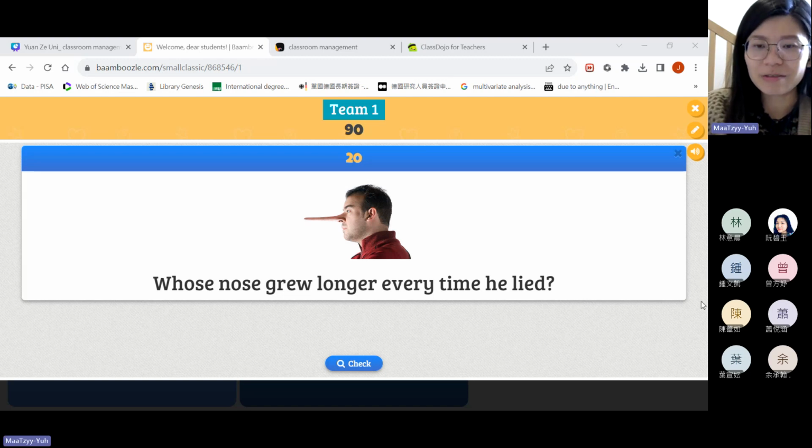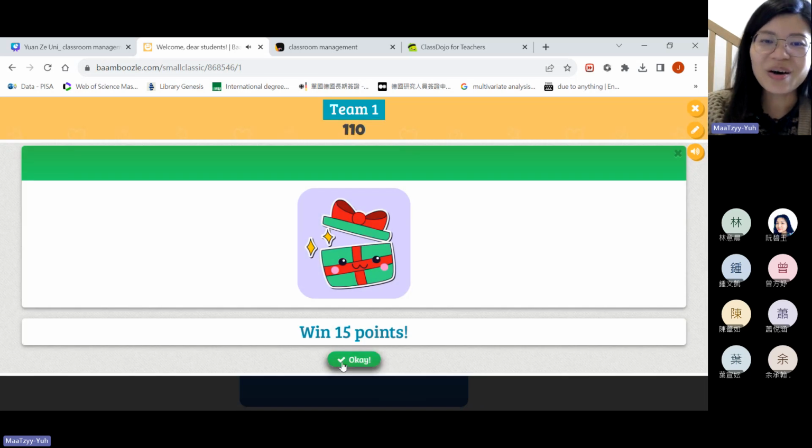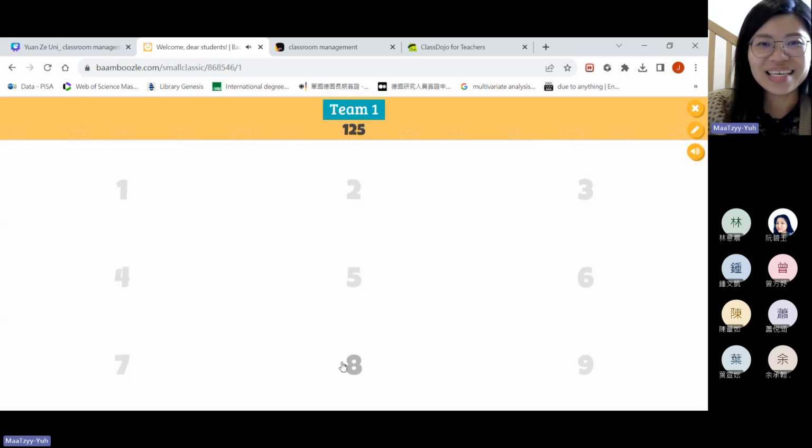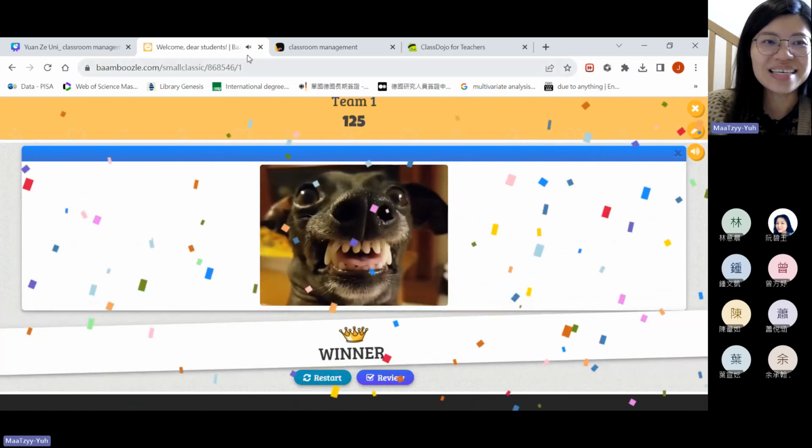You can type it in Chinese if you don't know the exact English name of it. Yeah, Pinocchio. So, I think it's a sort of Italian story, right? Because when I visited Italy, there were a lot of Pinocchio things, like shops about this cartoon. So that's a good one. Students might know about the story. And that's why it's winning 15 points. So well done. We're getting some points as a group, as a class.